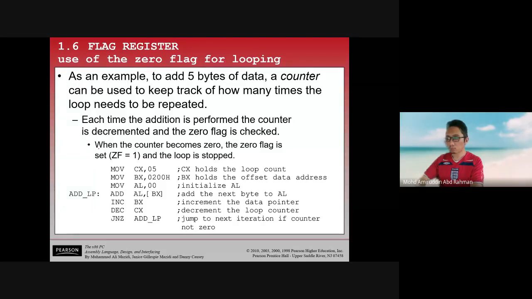Then JNZ: jump to the next iteration if the counter is not 0. That is a jump instruction, so we jump to the next iteration if the counter is not 0.